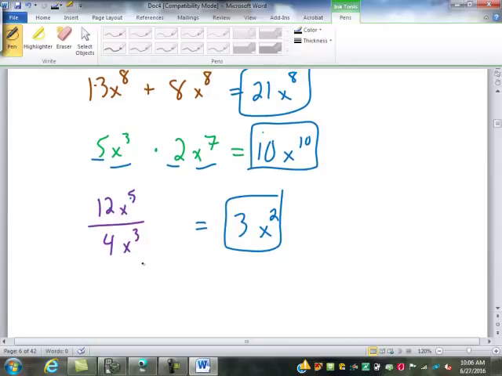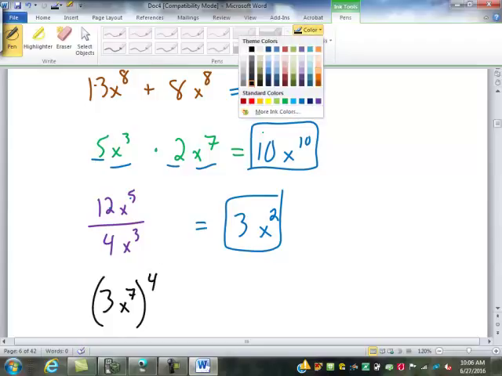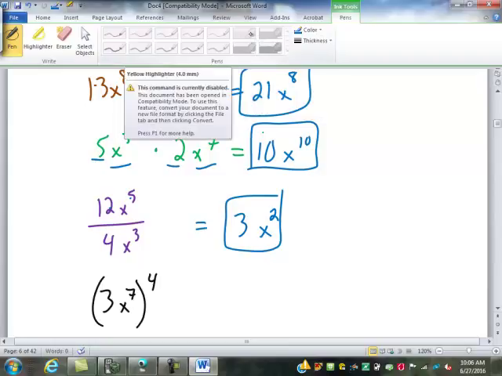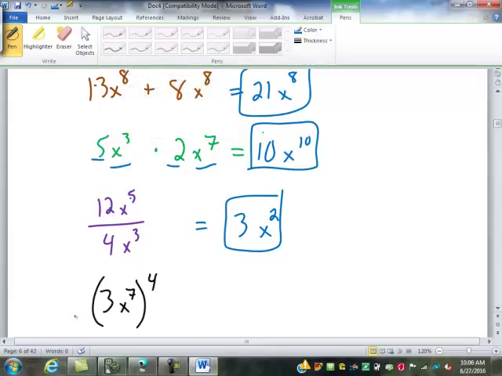Now, when we had a power, like 3x to the 7th to the 4th, this is what our last step that we just did. The number still goes to the power. What is 3 to the 4th power? Well, that's 3 times 3 times 3 times 3, right?